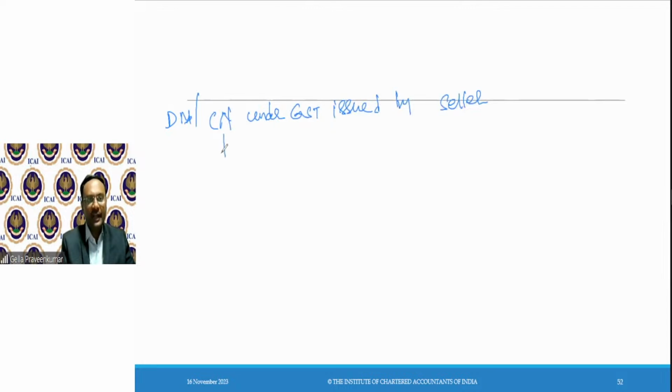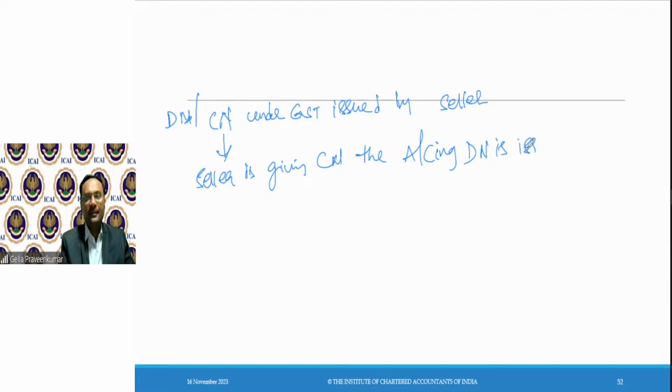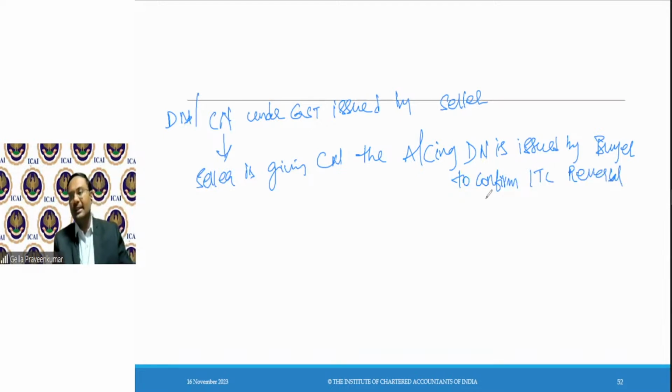For the purpose of credit note, if seller is giving credit note, then accounting debit note is issued by buyer to confirm ITC reversal. This is what section 15 subsection 3 is expecting.